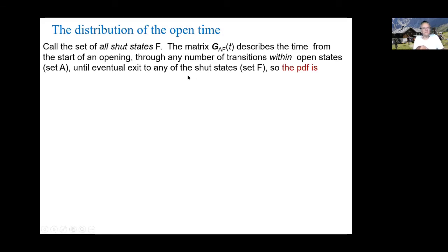So now let's find the distribution of time spent in open states. The set of all shut states is F. The matrix G_AF of t describes the time from the start of an opening through any number of transitions within open states until we eventually exit to a shut state. So the probability density function intuitively should be this, just G_AF of t.